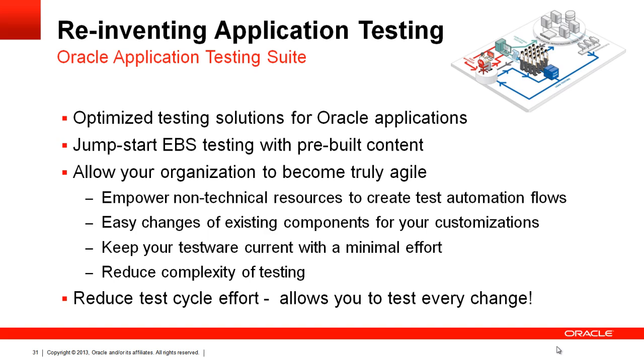And it helps customers to maintain their test scripts with minimal effort. Truly reduces the complexity of testing. And most important of all, it allows customers to test every single change. It allows customers to uptake new patches, new updates, new versions of the applications in a secure and manageable way. It allows customers to become truly agile as an organization.